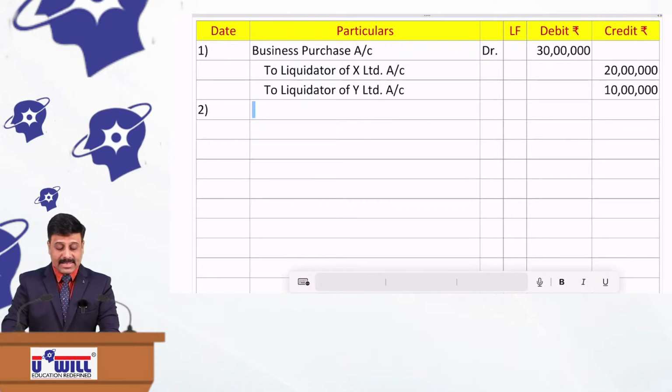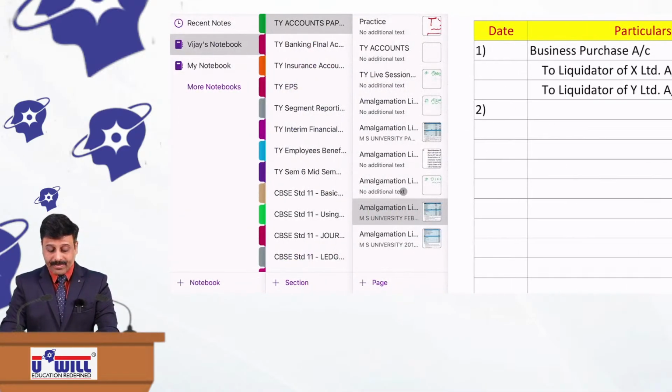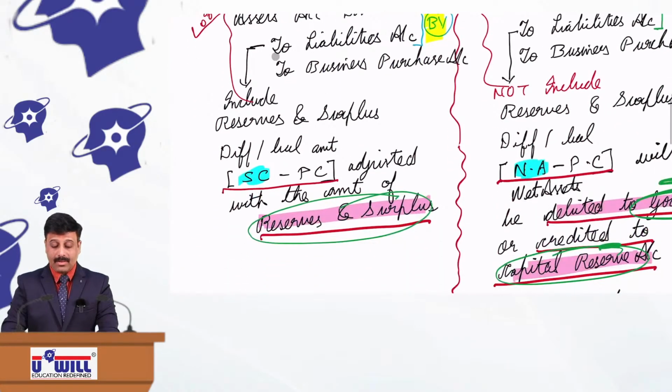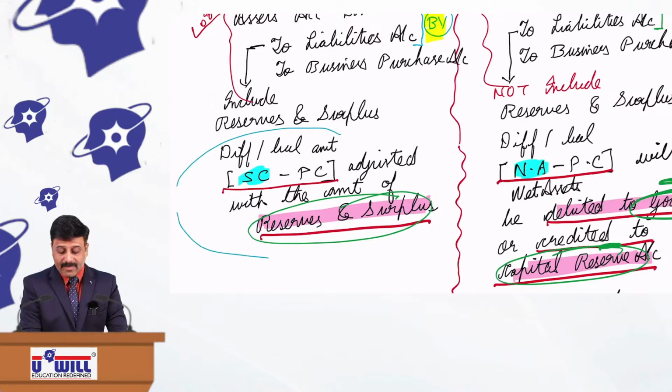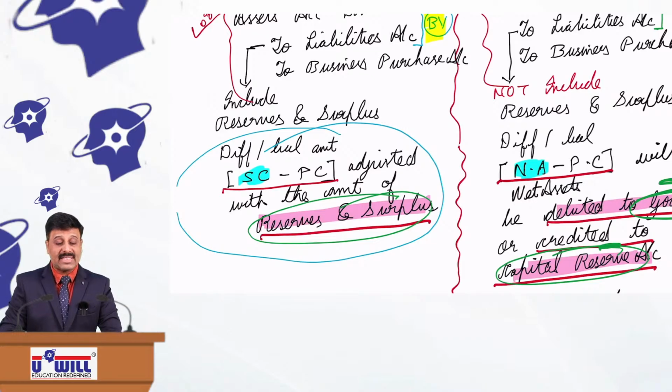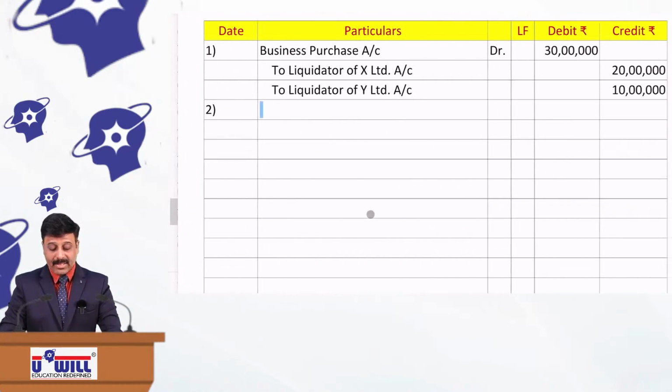And we discussed yesterday that this part is important. Difference between share capital and purchase consideration is to be adjusted with the amount of reserves and surplus. First, let us do this before passing the entry in this question.